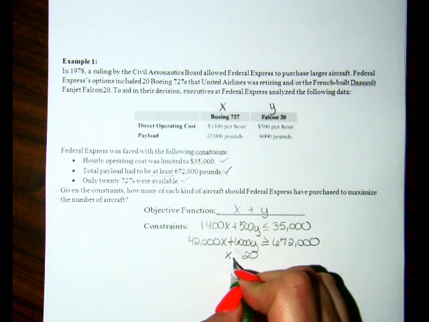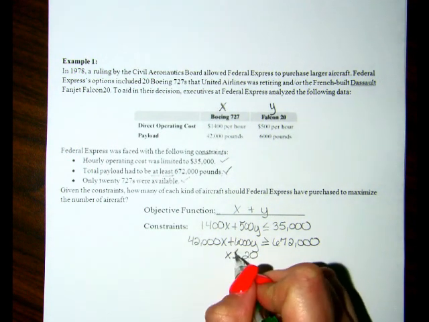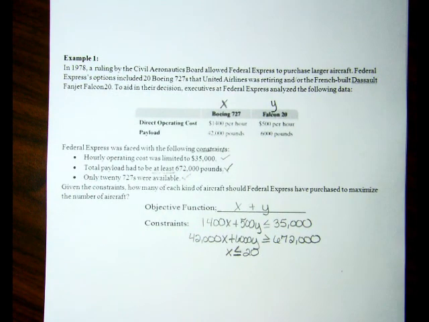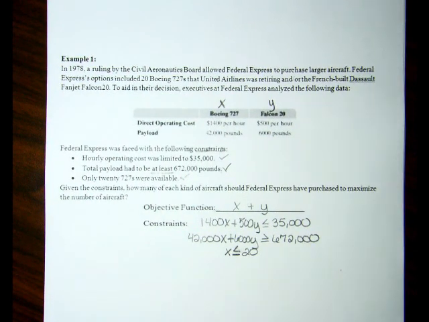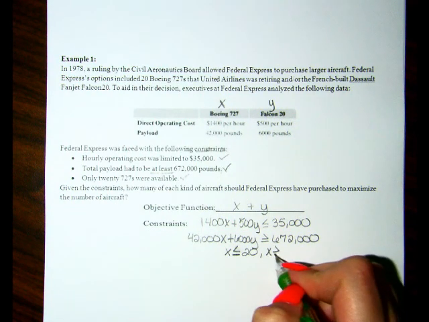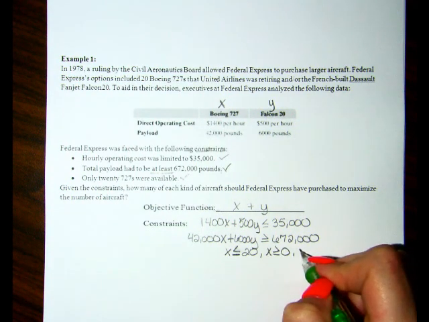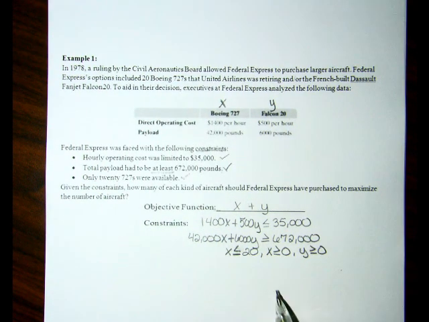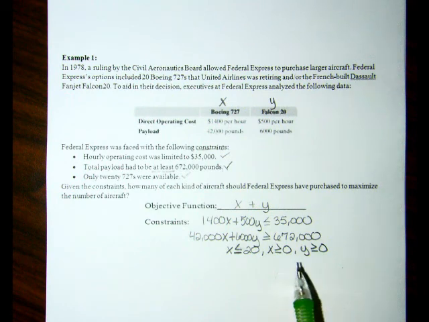So if it can equal 20, but it can't be any more than that, so it's got to be less than or equal to 20. But I also know I'm not going to buy a negative number of either of the planes, right? So I also know that my number of Boeings has to be greater than or equal to 0, and my number of Falcons has to be greater than or equal to 0. So I also know that X is greater than or equal to 0, and Y is greater than or equal to 0 are my other constraints too.